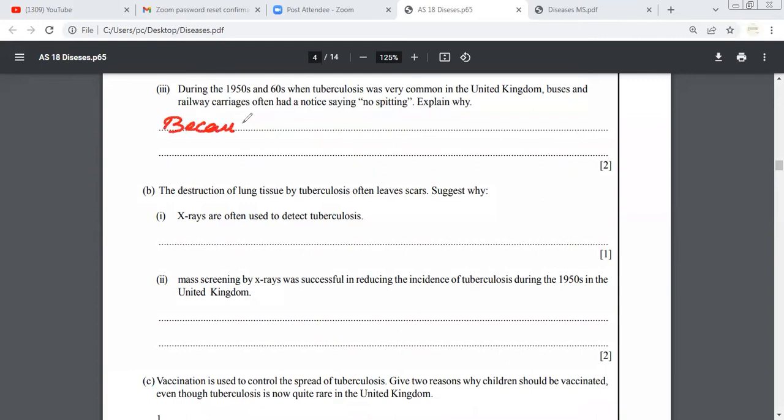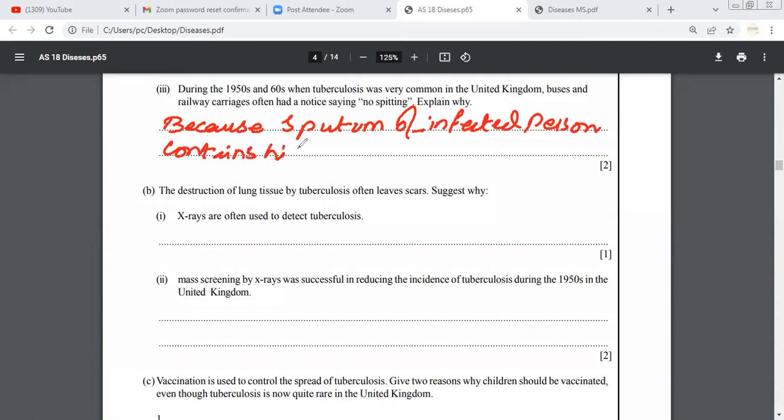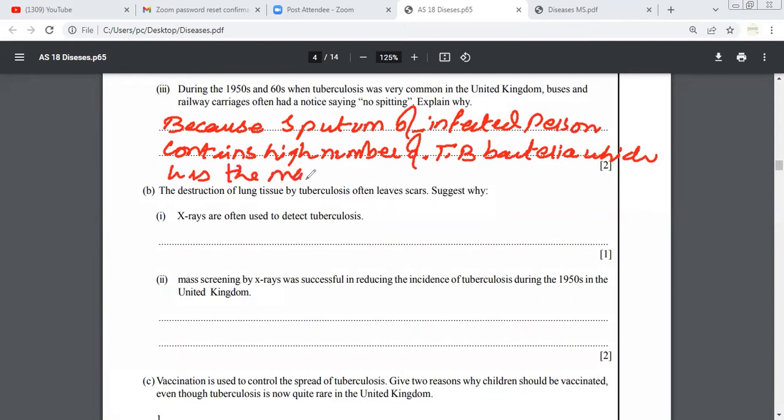Because sputum of an infected person contains a high number of TB bacteria, which was the main cause of spreading infection.